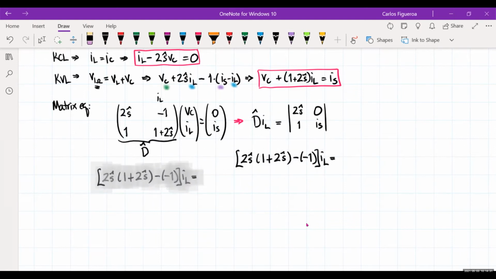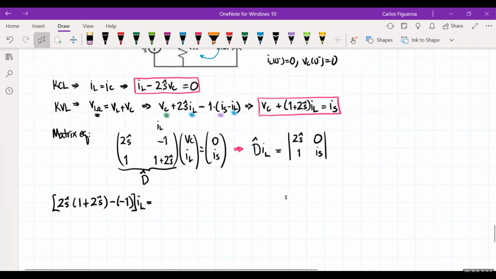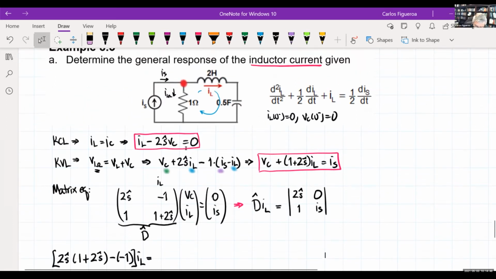Hey, Carlos. Yes. I think we might have some sign errors. Where do I have sign errors? Well, that first equation is IL minus, I think that should be 1/2, right? Because the capacitor is half a farad. Where are you looking at? The first equation, the KCL. We converted IC, so shouldn't it be 1/2?